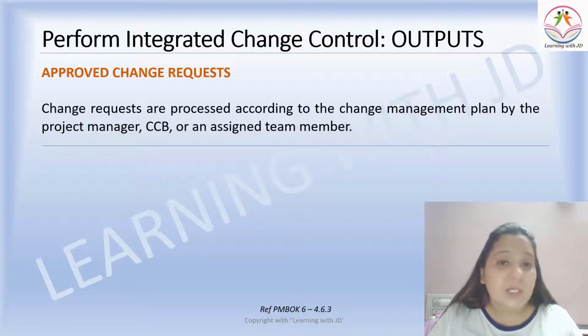Remember that we prepared a change management plan during the planning process. Whatever has been mentioned in the change management plan, the changes will be approved accordingly, by the project manager, the change control board, or an assigned team member. Whoever is assigned to this specific work will execute the changes that have been approved.